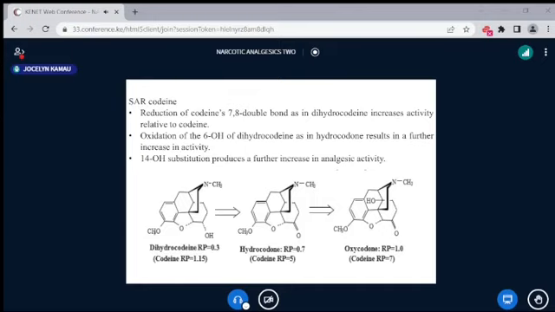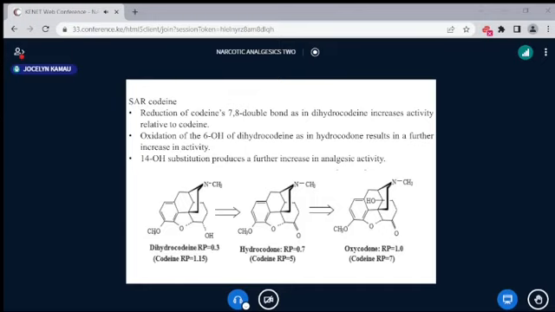What does this mean? I would expect dihydrocodeine to have much more activity compared to codeine. I would expect hydrocodone to also have much more potency compared to codeine, and I also expect oxycodone, I'll confirm, because they are having increased activity.